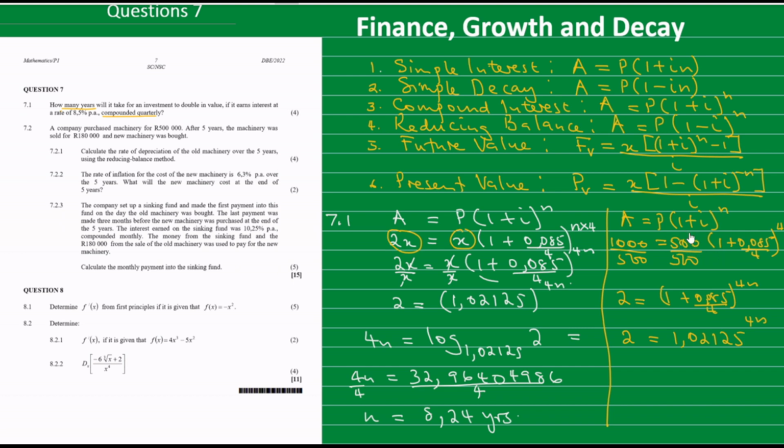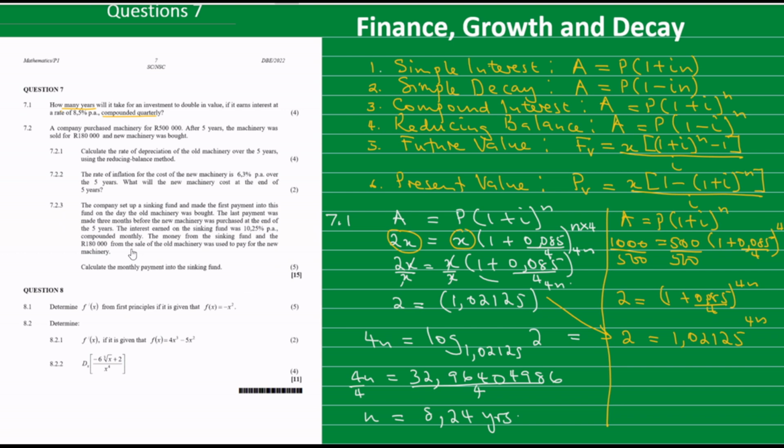If you input 20 rand here, it will be 40 rand, because it's going to double. So take any value, still your equation would simplify to the same value. So this and that will be the same, then you are able to proceed to find your 4n, which will give you 8.25.